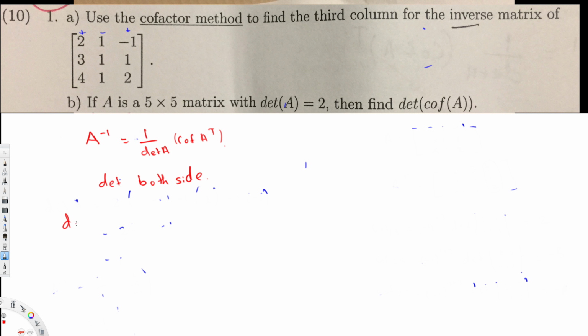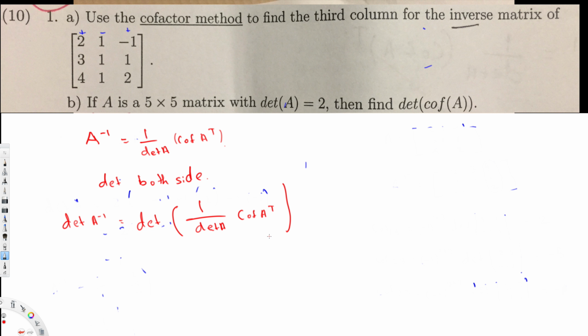So the determinant of A inverse is going to be equal to the determinant of the whole thing, right? So it's going to be 1 over determinant A times cofactor A transpose.